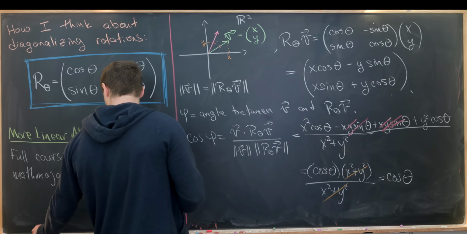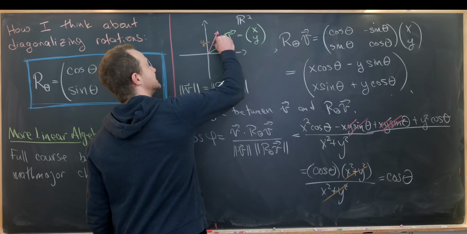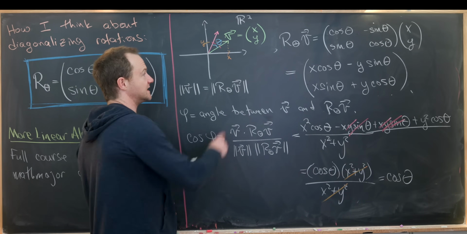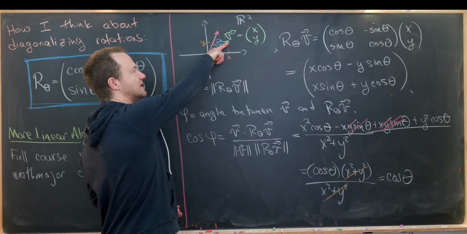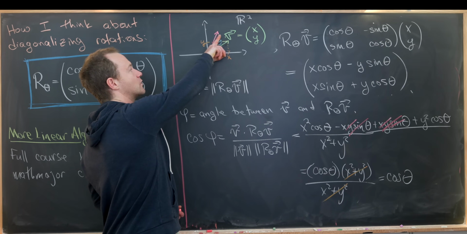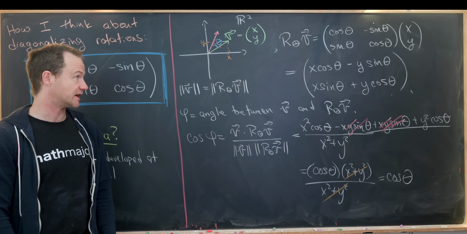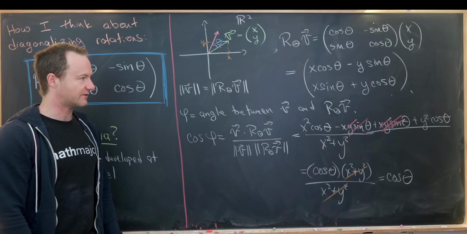So via that argument, we have that this angle right here is theta. Okay, nice. So what we've done is determine that our rotation matrix indeed does exactly what it should do, and that is take a vector and rotate it by theta degrees or radians, however you measure it, counterclockwise, and it doesn't do anything to the length of the vector.